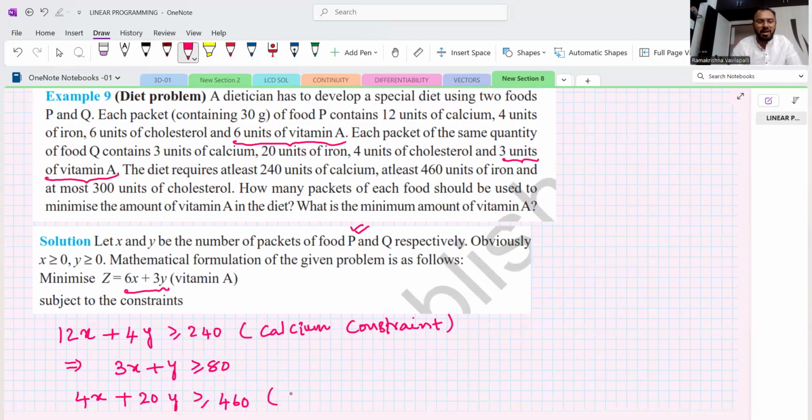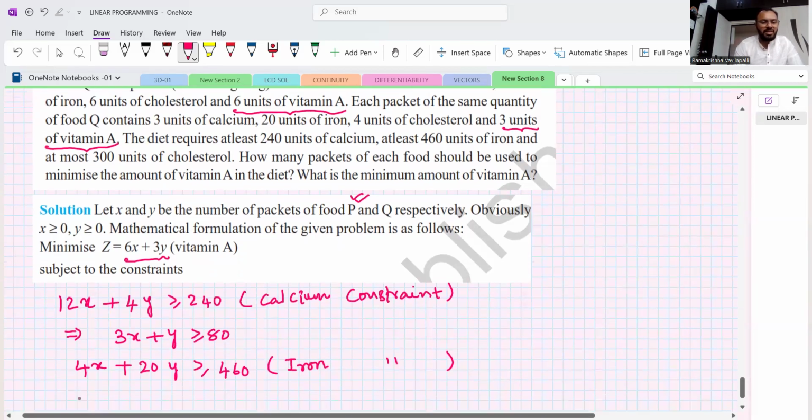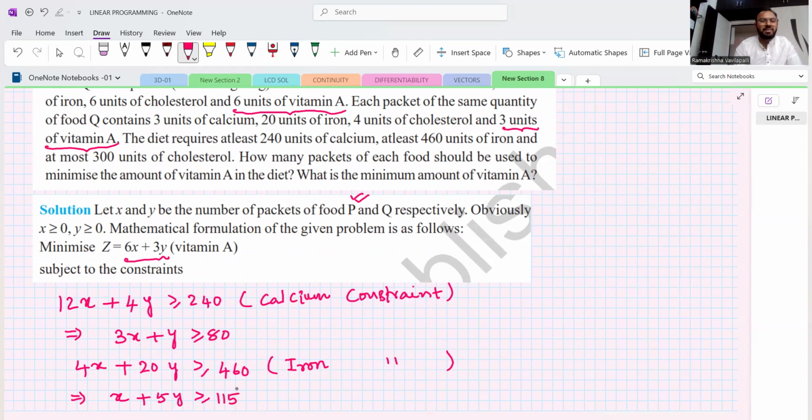This is the iron constraint. You can simplify this to x plus 5y greater than or equal to 115.